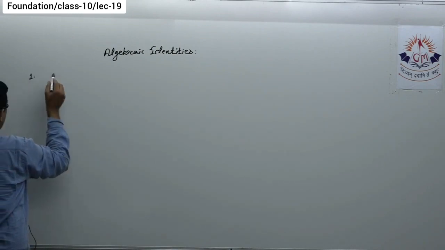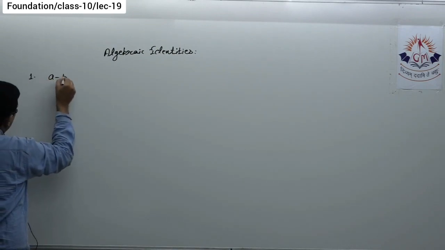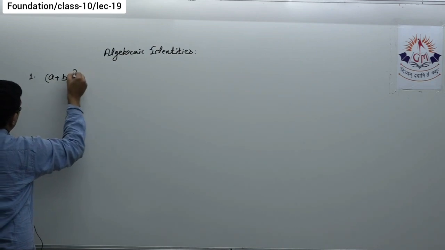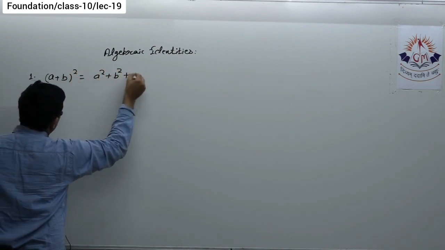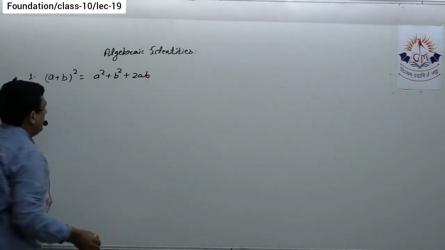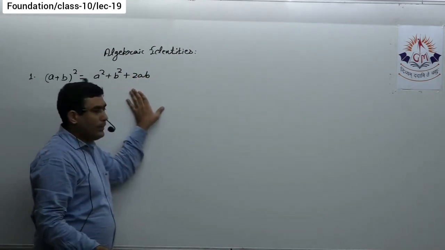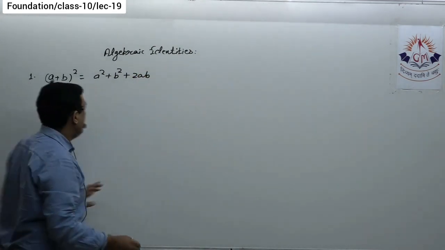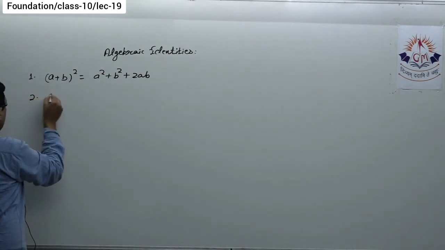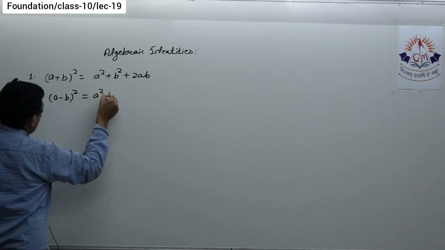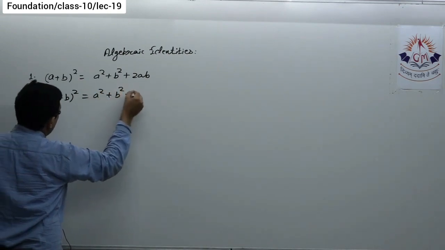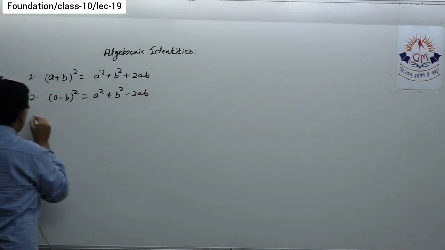So here is the very first, well-known identity: (a plus b) whole square is a square plus b square plus 2ab. Some people write a square plus 2ab plus b square, it is the same thing. Second is (a minus b) whole square, that is a square plus b square minus 2ab.